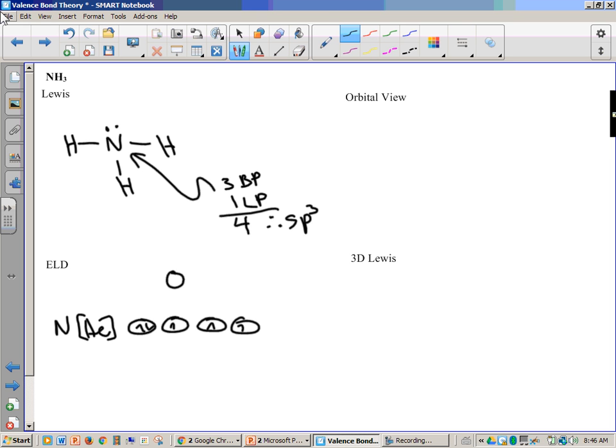Again, you'll notice I'm not even putting the H anymore because really I just want to signify that we're getting overlap and it's a sigma bond. 1s, there's 1 electron in it, a sigma bond. 1s, there's 1 electron in it, a sigma bond. Exciting.